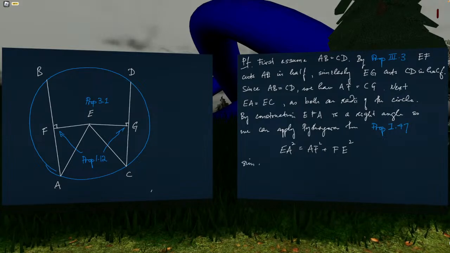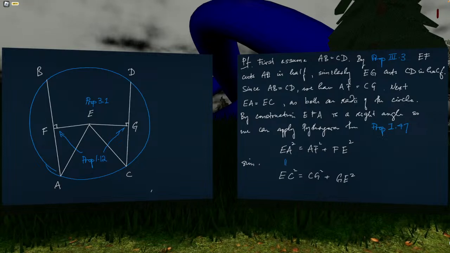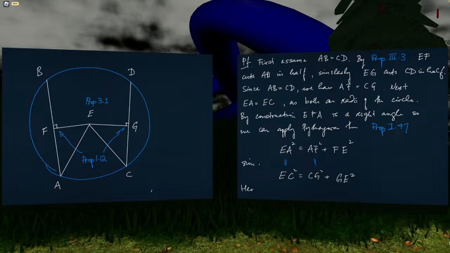And similarly, we do it for the other triangle, and we get EC squared is equal to CG squared plus GE squared. And of course, we just established that these two are equal and these two are equal. And so, of course, the remaining term has to also be equal. Hence, FE squared is equal to GE squared.